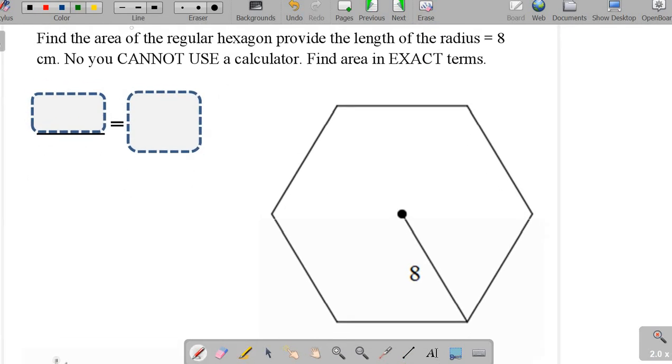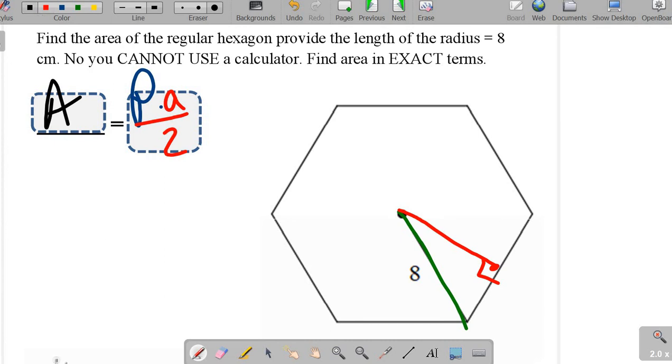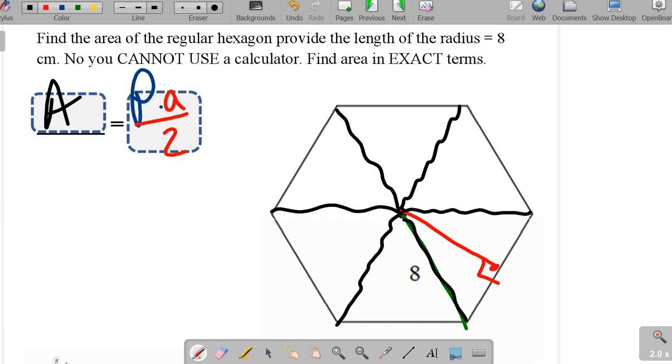Down here, find the area of the regular polygon. You're given a radius length of 8. So if that radius is 8, your apothem would be right there. And if you go around like this, you do your 360 divided by 6 there, and we're going to get 60 here, which means this is a 30, 60, 90 triangle.